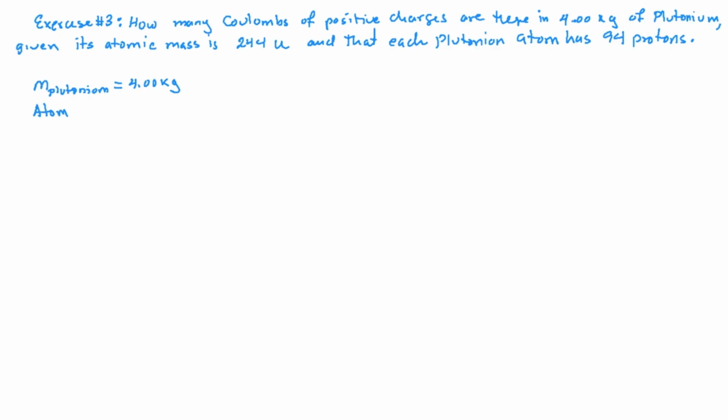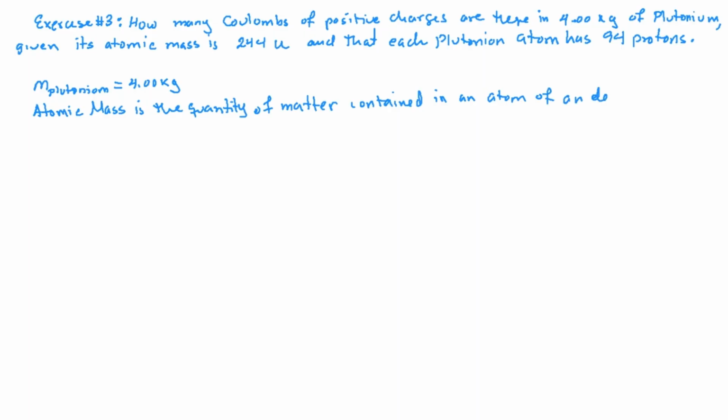The definition of atomic mass is the quantity of matter contained in an atom of an element.